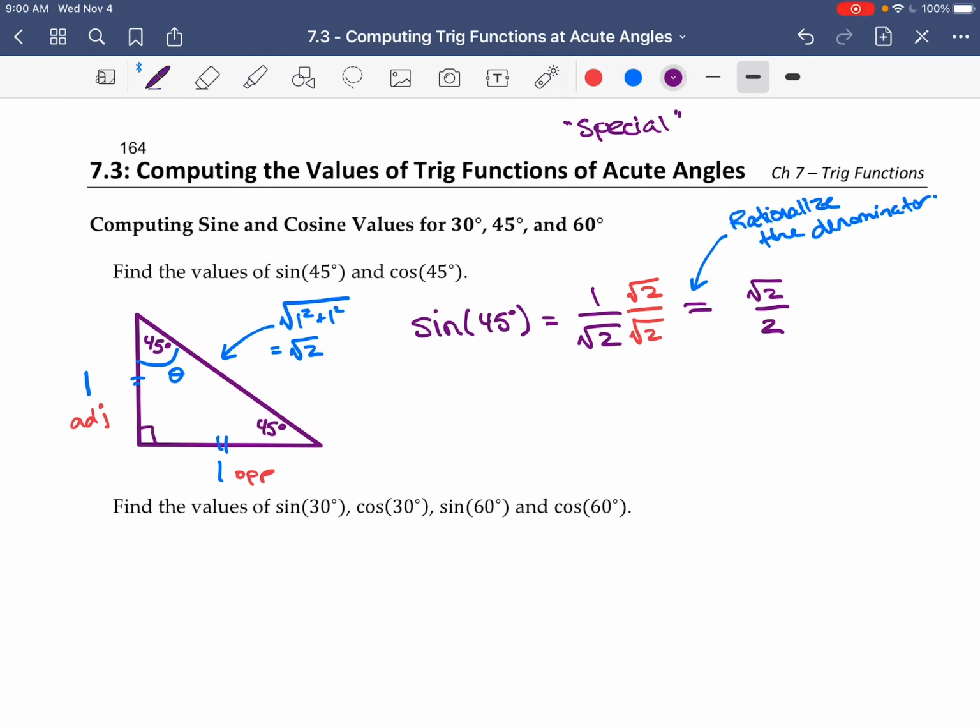You might have that ingrained in your head that you're supposed to always rationalize the denominator. If you do, your answer is going to look like this. So that's what you can use as well. So then cos of 45 degrees is also 1 over root 2 or root 2 over 2. So that's a special 45.